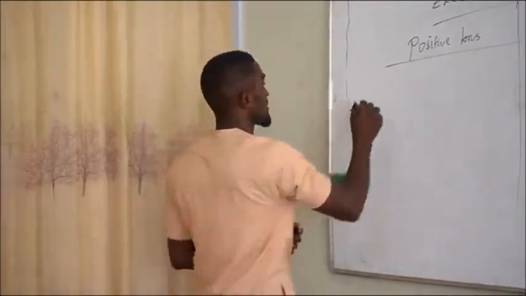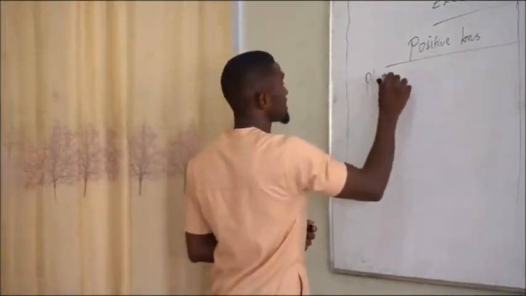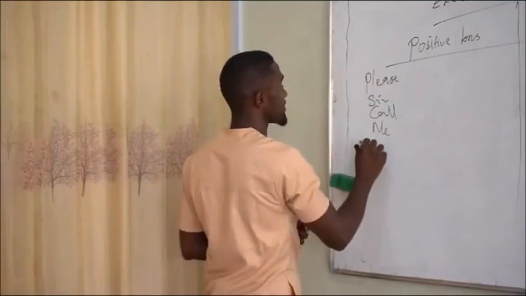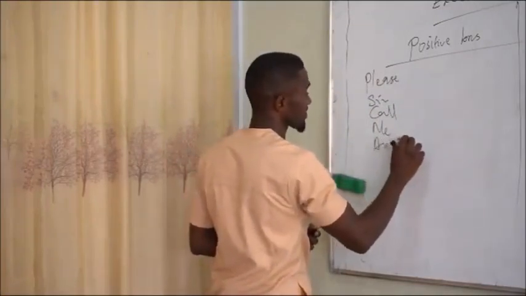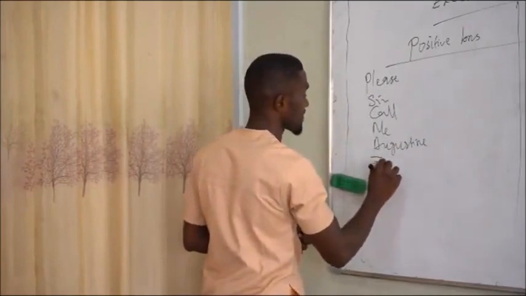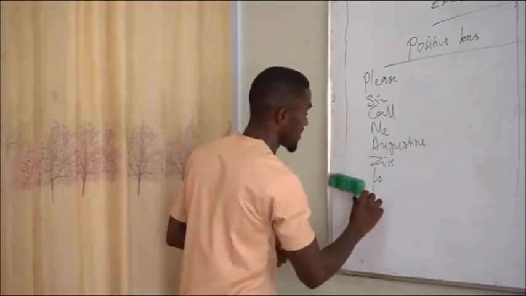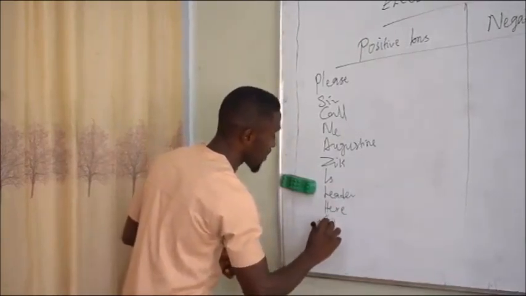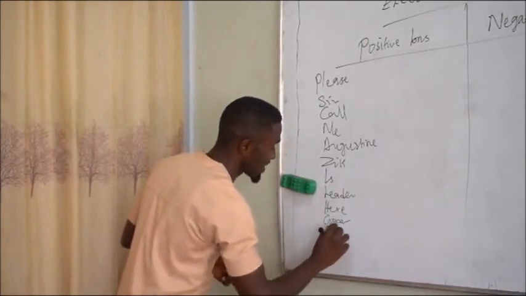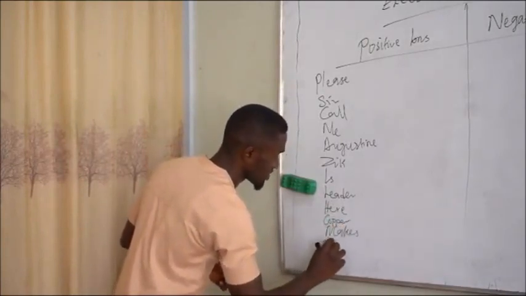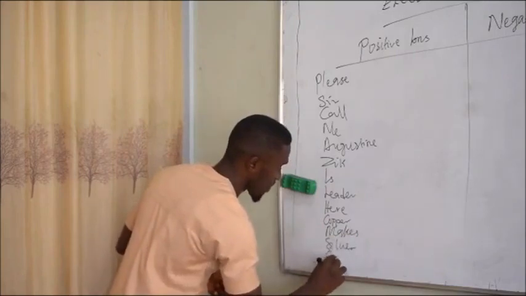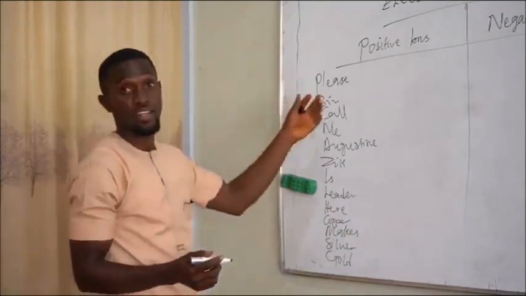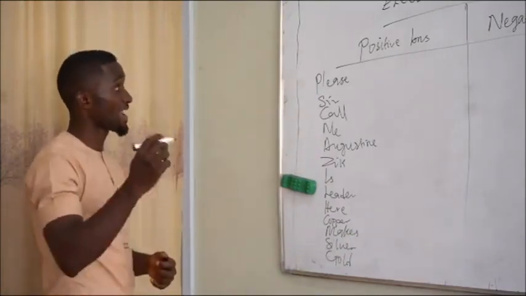And my mnemonic is: please, sir, call me Augustine, Z is leader here, copper makes silver gold. So this is my mnemonic, and each of the words in this mnemonic represents an ion.